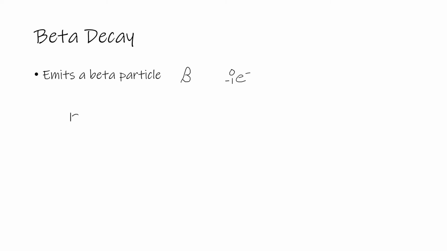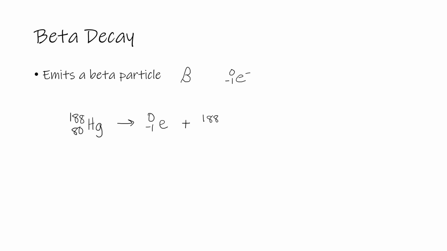We're going to look at 188 over 80. This is radioactive mercury, and this undergoes a beta decay, so it gives off a beta particle here. And so to find out what the other particle is, we have 188 subtracting 0. So that gives us 188 for our mass number. So when it undergoes a beta decay, your mass number doesn't change.